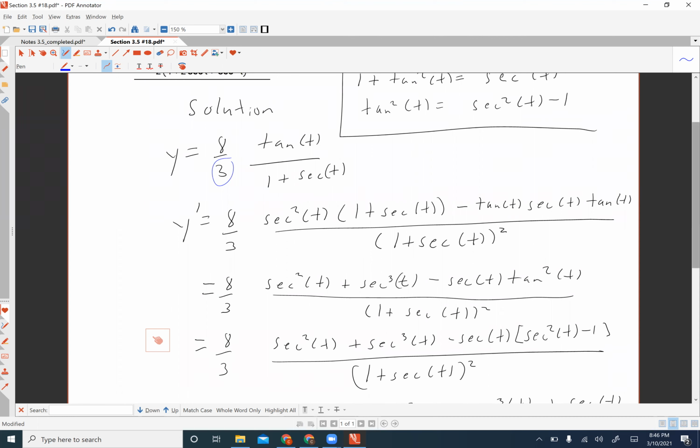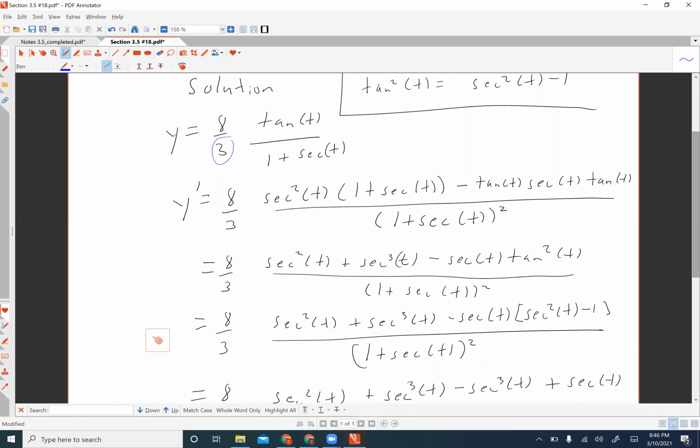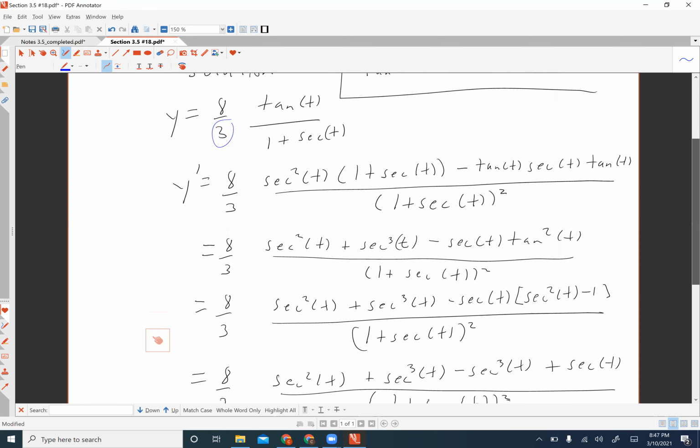Now we have to expand and simplify. So just expand: you get secant squared of t plus secant cubed of t, and then minus secant t times tangent of t squared, the whole thing divided by 1 plus secant of t squared.